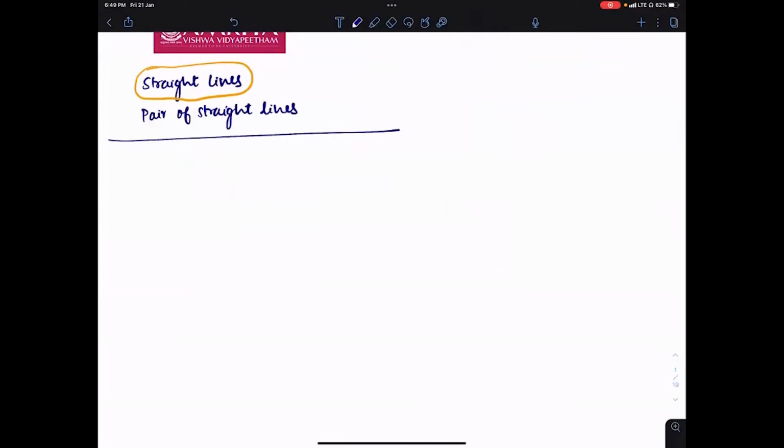The first thing, in section formula, I think everyone knows the formula, but the one thing which students normally struggle with is the terminology.